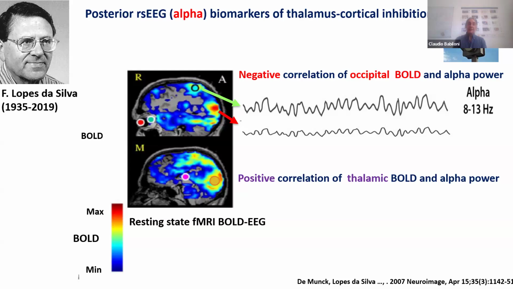The higher the alpha rhythms, the higher the BOLD signal in the thalamus. So alpha rhythms recorded from the scalp are related with both the BOLD signal in the cerebral cortex and in the thalamus.